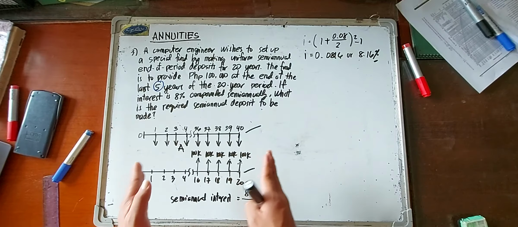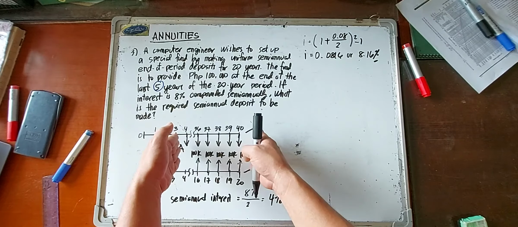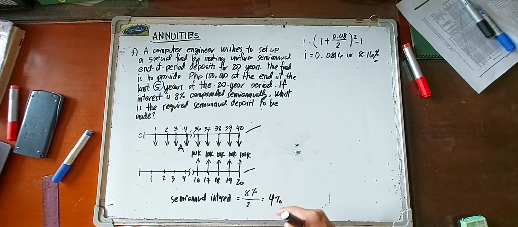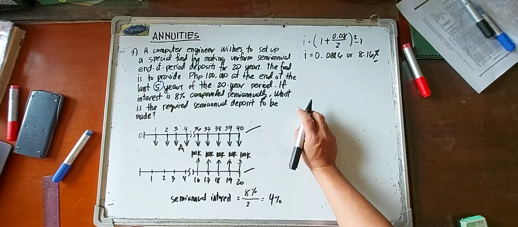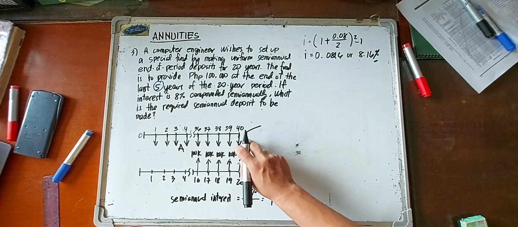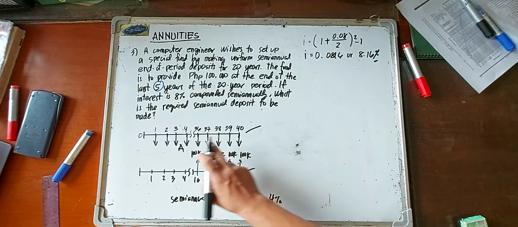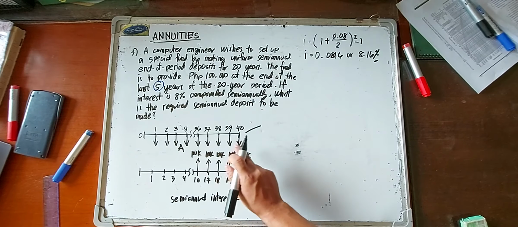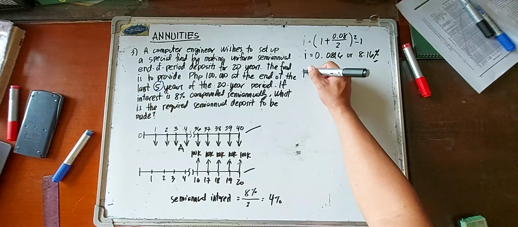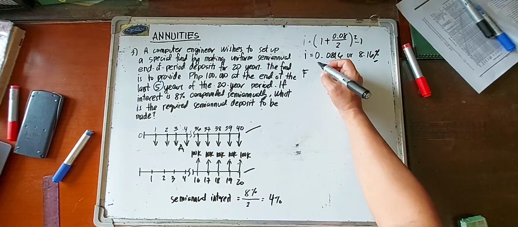Okay? So, we are going to equate both cash flows. So, ito muna ang unahin natin, ang equation nito. So, we are solving for the future worth. So, ano ulit yung formula natin?